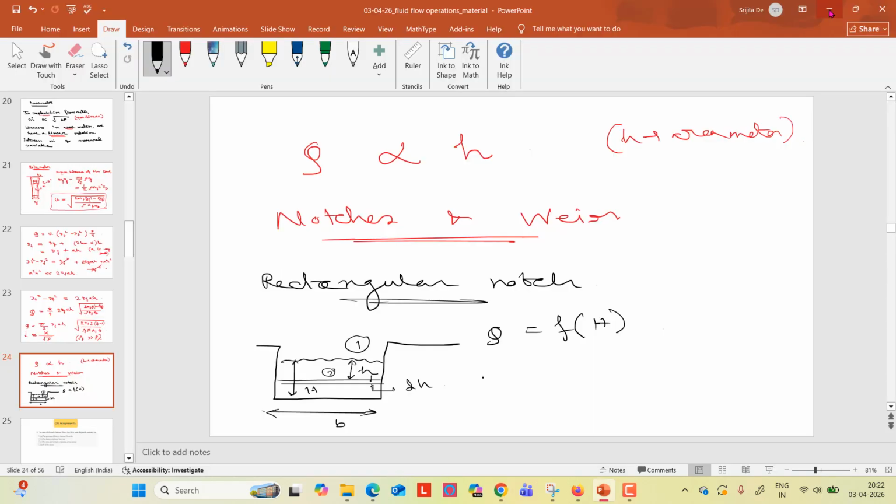Velocity is root under 2gh, right? From Bernoulli's equation, you can calculate this: V equals root under 2gh.